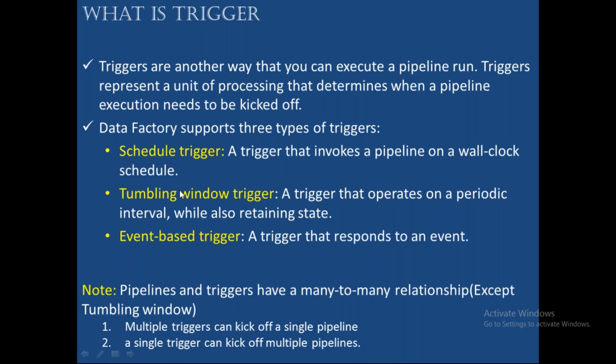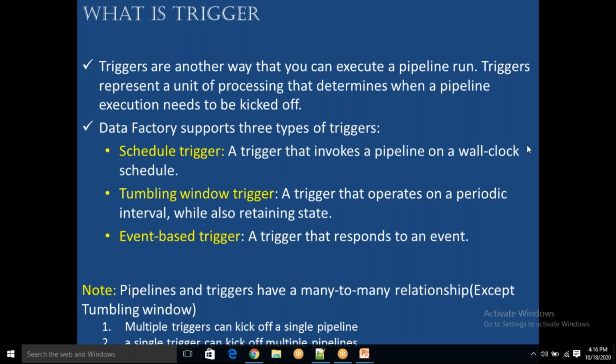Next, you need to remember, very important: pipelines and triggers have a many to many relationship. What it means is, I have pipeline 1 with 2 triggers, trigger 1 and trigger 2. Trigger 1 is going to call the pipeline at 6 a.m. Another trigger will call the pipeline at 6 p.m. These 2 triggers I will attach to pipeline 1. Now, can anybody tell me how many times my pipeline is going to run?